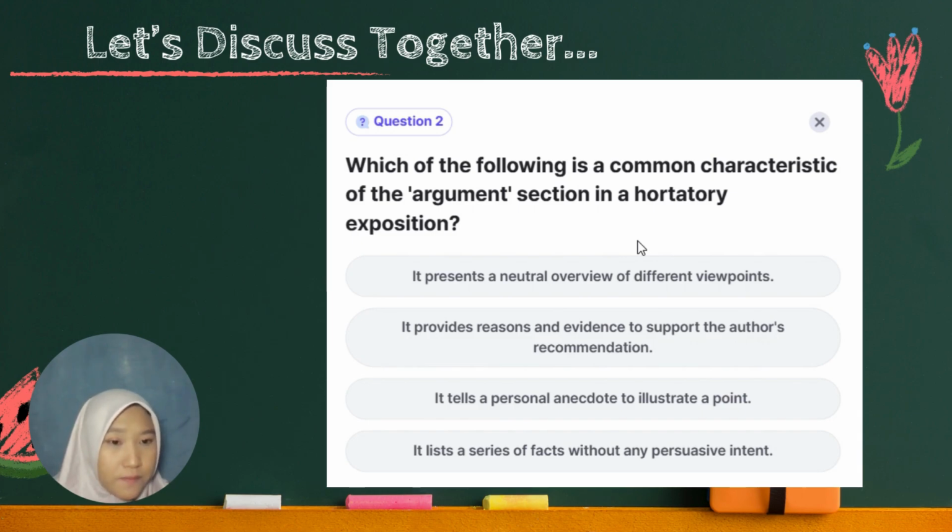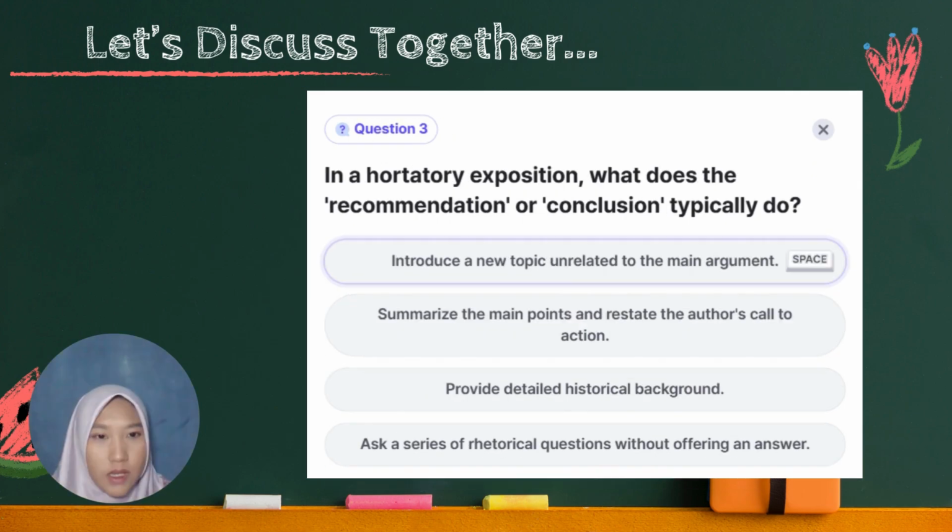Then the last one, it lists a series of facts without any persuasive intent. A fact without any persuasive intent is just like a report. Then it does not belong to hortatory exposition text. Okay, let's move to the next question.